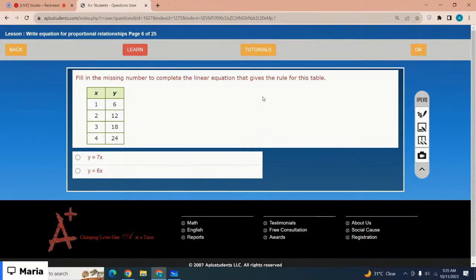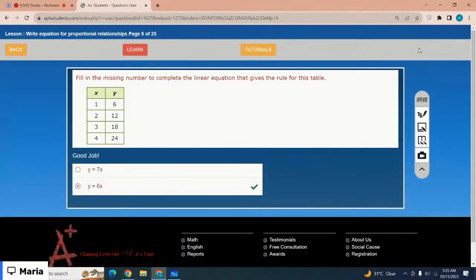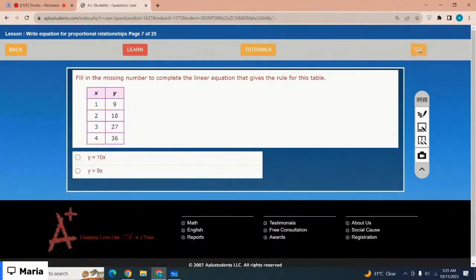That would be y equals 6x. Fill in the missing number to complete the linear equation that gives the rule for this table. So which is the correct option?